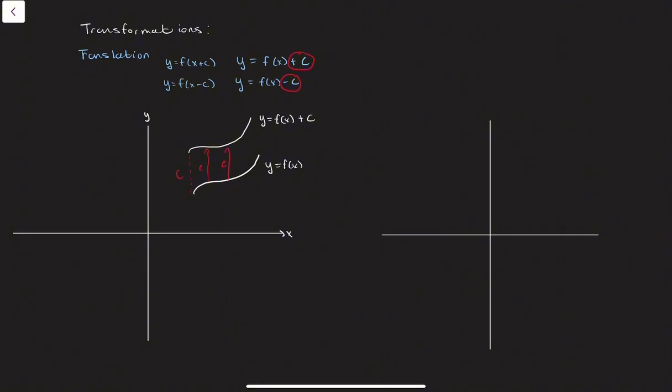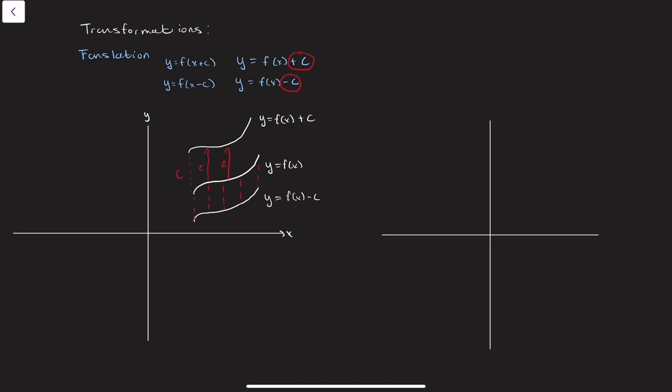Conversely, for f of x minus c, we would get y is equal to f of x minus c. So the function should remain exactly the same.